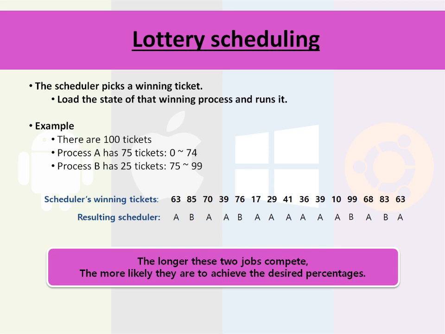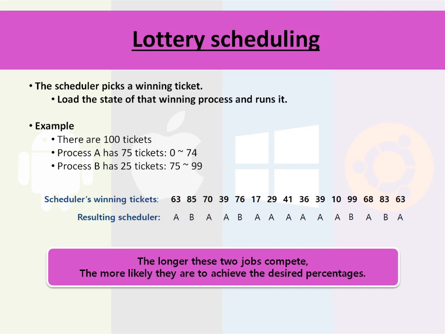Here we have a list of random tickets drawn from the hat and the resultant scheduled process. First 63 was drawn, and 63 is between 0 and 74, so process A is scheduled. Then 85 is between 75 and 99, so process B is scheduled. 70, once again, is between 0 and 74, so process A is scheduled, and you get the point.